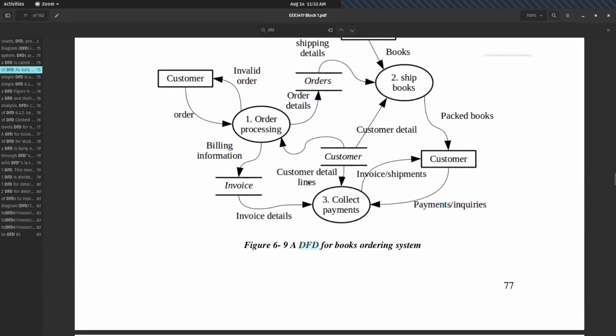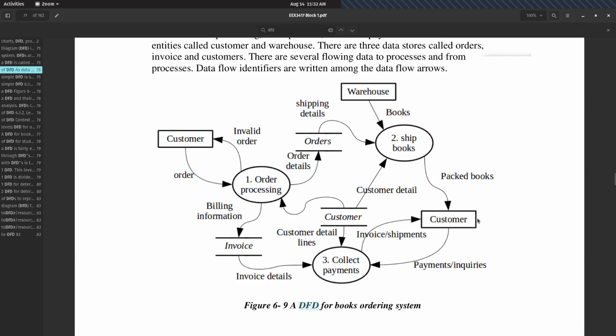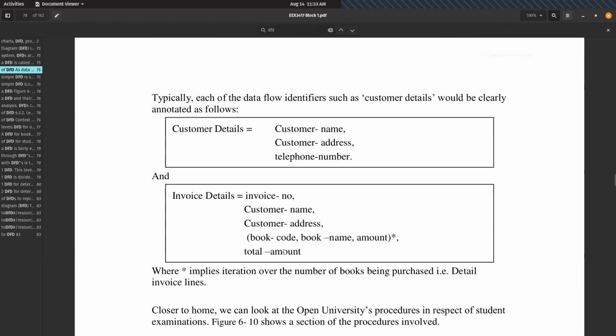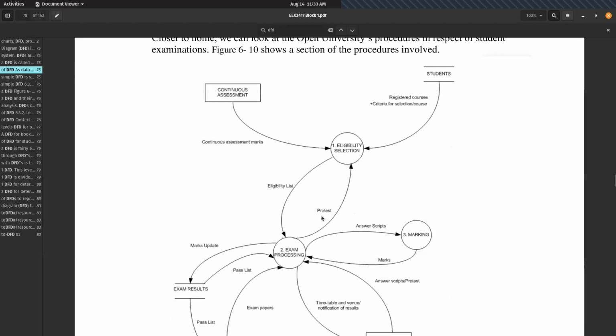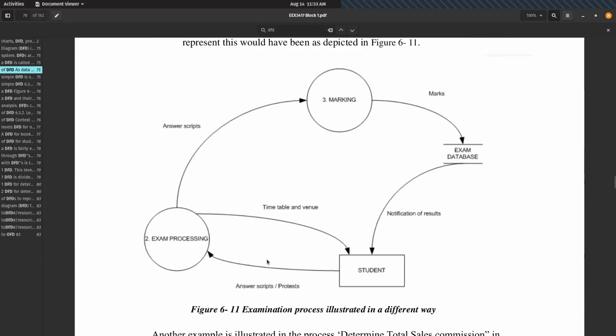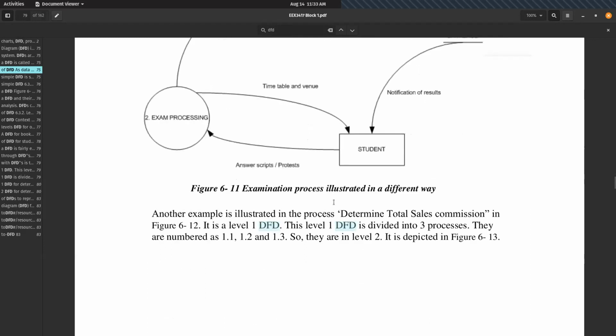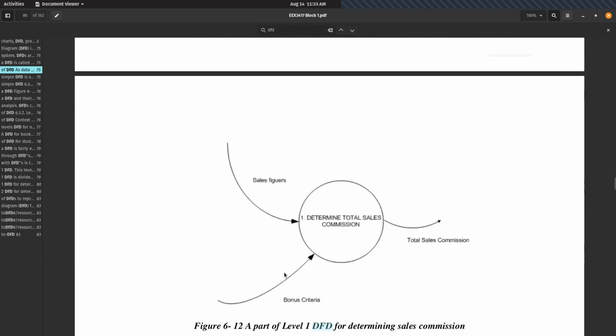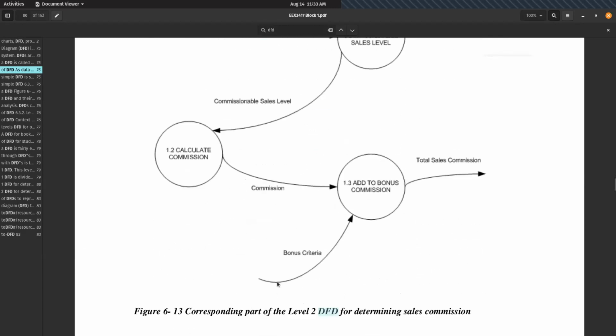Invoice details: you can see the invoice details here, and the invoice details are invoice number, customer name, customer address, like this. Like that, several other data flow diagrams are also there. You can read books for these.